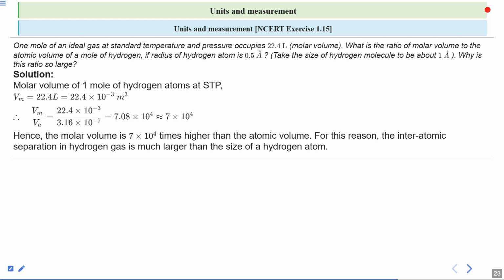This is like we smushed everything together, compacted it into a cube. That is not what usually happens. There is space between each molecule, so that's why we have this big value. Okay, is it clear?